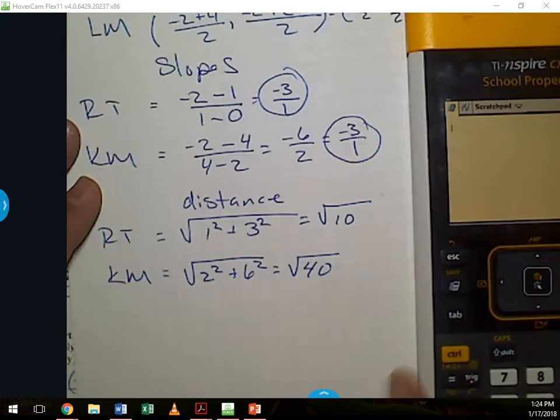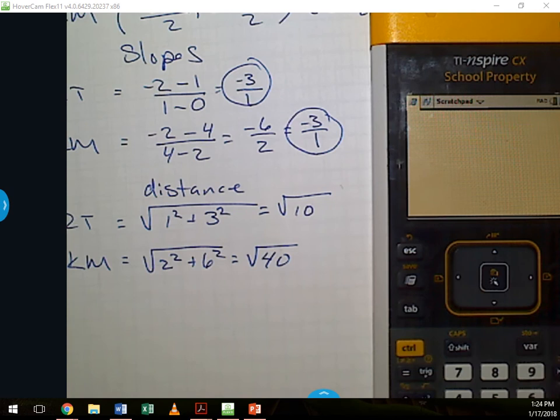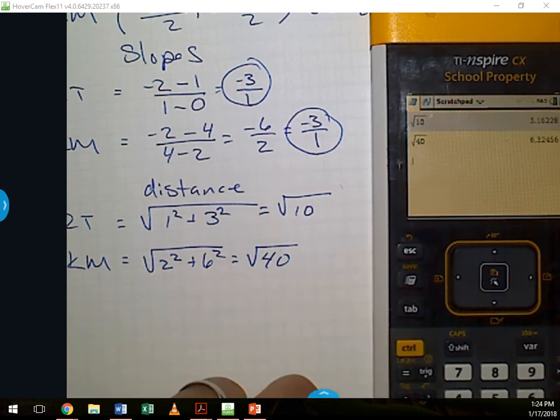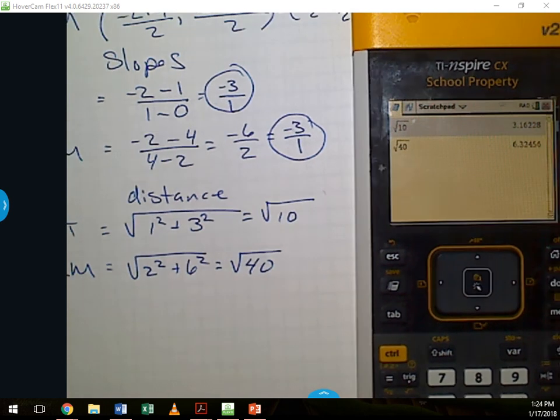So as a decimal, I'm going to take a look. You guys see that? Okay. So control divide 10. Control divide 40. It's 3.16 and 6.32. It looks like it could be, but I can't really tell because the decimals don't match up exactly like it would be 1/2. It could be.